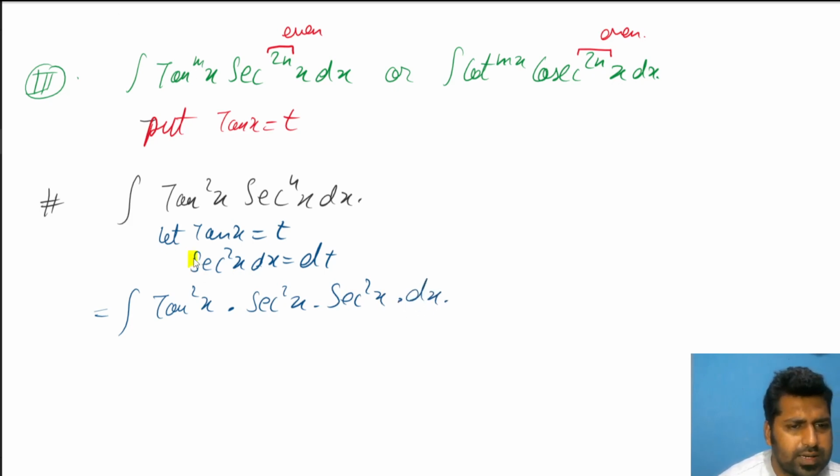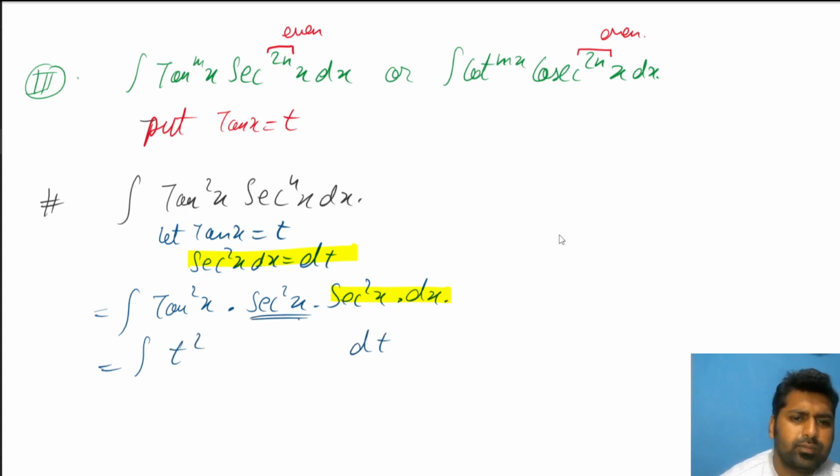This sec square x dx becomes dt. So this tan square actually becomes t square. This becomes dt. What about this? What do we know about sec square x? We know it's 1 plus tan square x, means 1 plus t square.